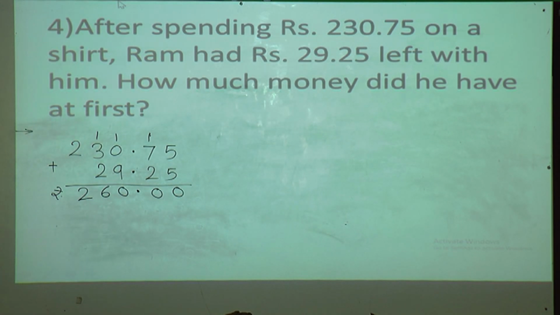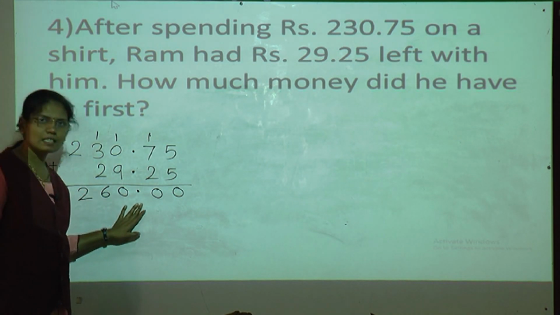What is the answer? Yes, at first Ram had 260 rupees. From that 260 he spent rupees 230.75 on a shirt. Then after that the money left with Ram is 29.25. Okay, clear? So how much money did he have at first? At first he had rupees 260.